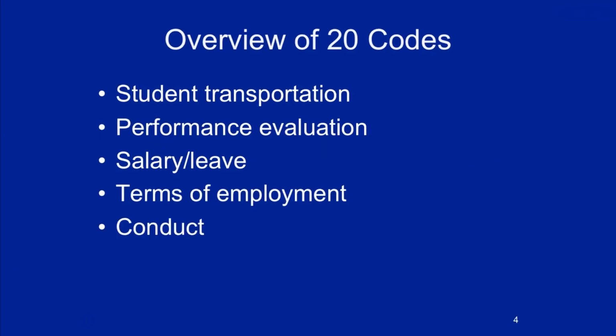This is an overview of 20 codes. So first of all, let's talk about this numbering system. We're going to be talking about 20 codes, 40 codes, and 160 regulations. So what do these numbers mean? Well, let's go back to a law being passed. The General Assembly votes on an act, passes it, it then goes on to the governor, who will sign it into law.